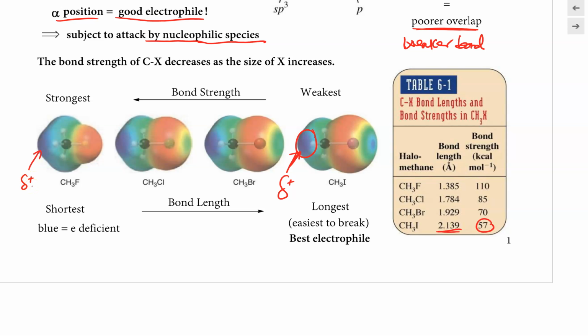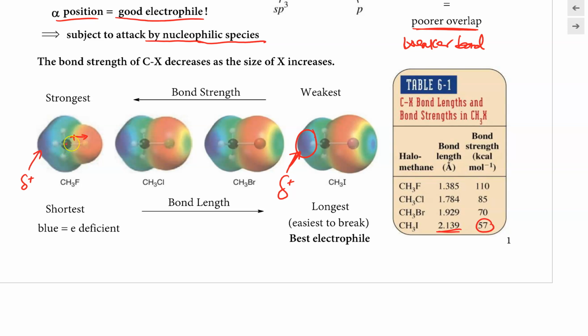Now this may sound a little bit counterintuitive, but it actually makes sense. And the reason is the following. First of all, it doesn't seem to make much sense because fluorine is more electronegative than iodine. So it would make sense that fluorine will inductively take electron density away from the carbon, making it more partially positive.